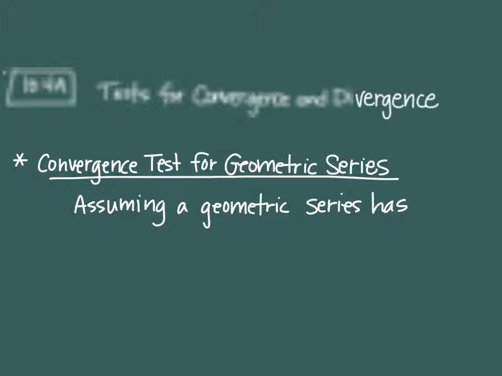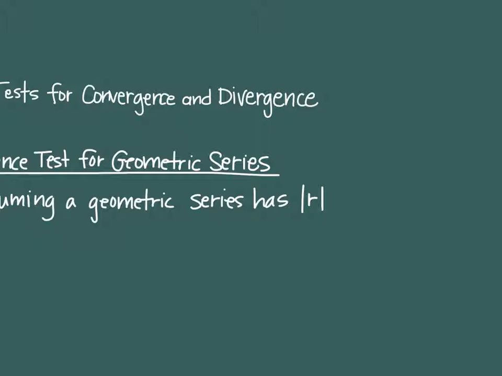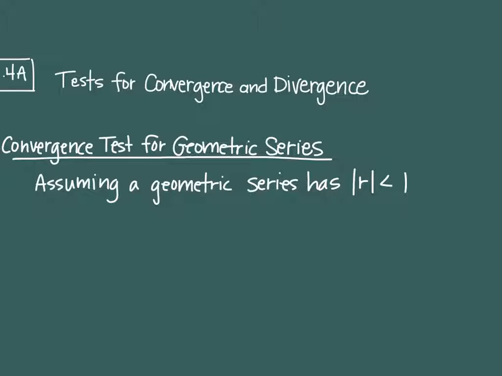Okay, so the absolute value of R has to be less than 1, which is another way of saying -1 is less than R, which is less than 1. So in other words, if the multiplier is between 1 and -1, then the series will converge.